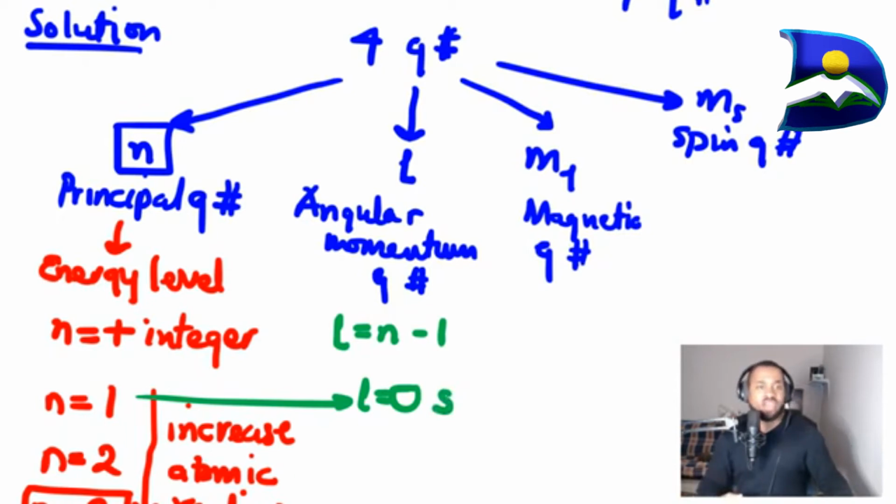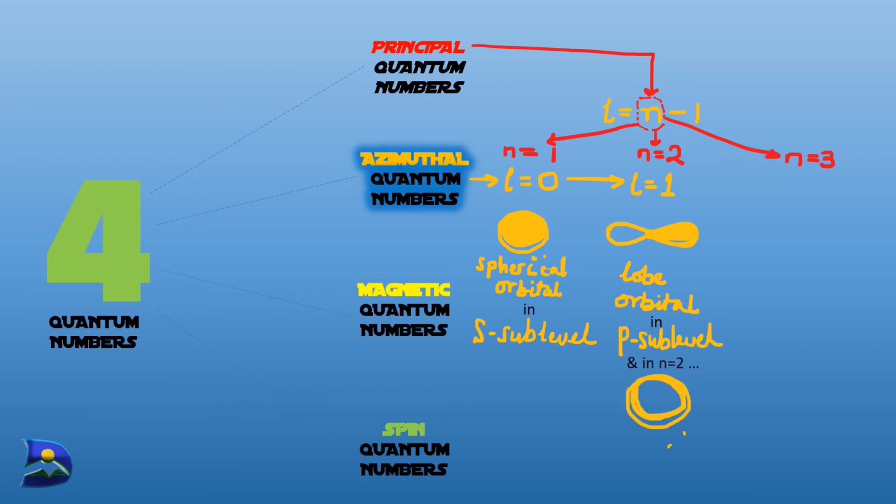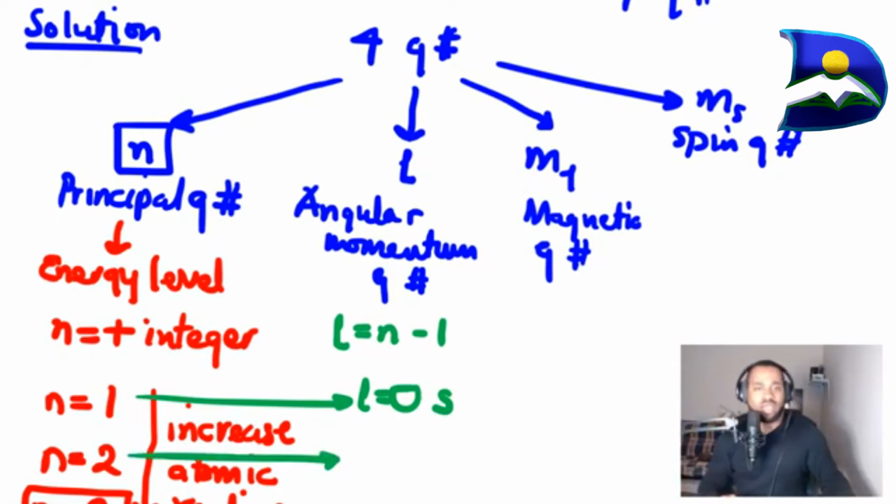When you get to the next energy level, another orbital is introduced alongside the s orbital. To prove that, we put n into the equation and find L equal to 1, and L equals 1 represents p orbitals.